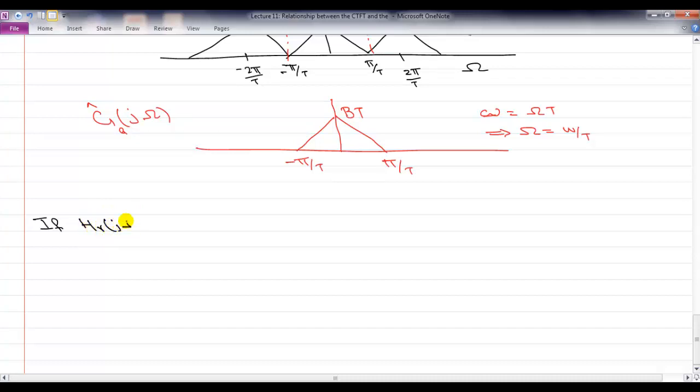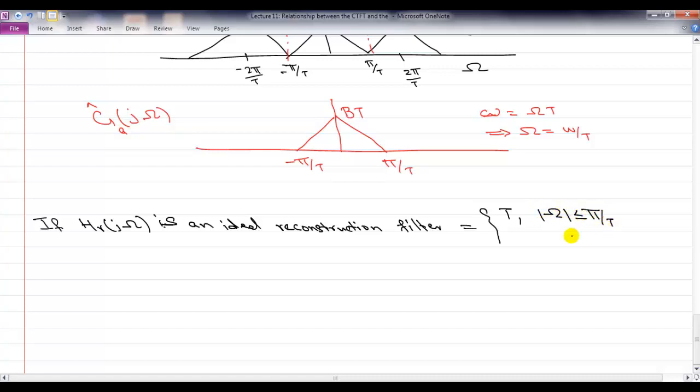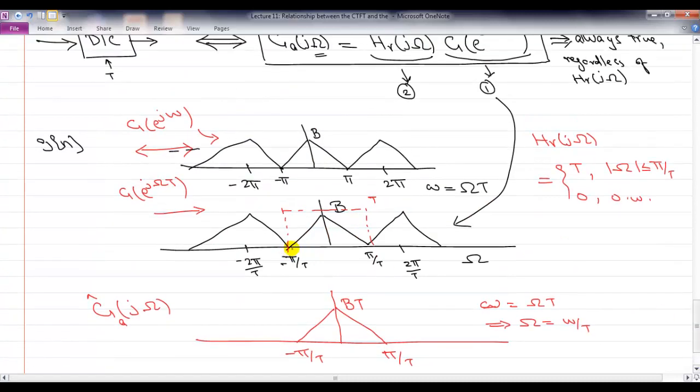If H_R(jω) is an ideal reconstruction filter, which always means the magnitude is T for |ω| less than or equal to π/T and 0 otherwise, or the equivalent way of saying it is that you are doing sinc interpolation, then what is happening? You are filtering from minus π/T to π/T, but before scaling that was minus π to π.